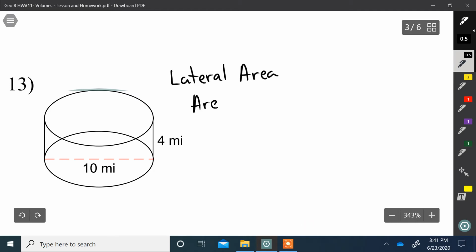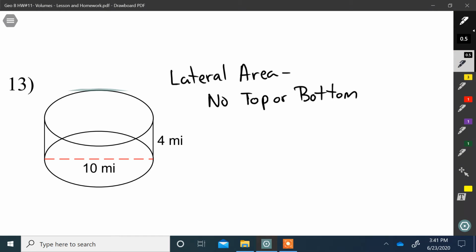It's the area... so this is how I like to see it. It's no top or bottom. Okay, we don't care about the top and the bottom there. Now, how do I find the area of the surrounding?